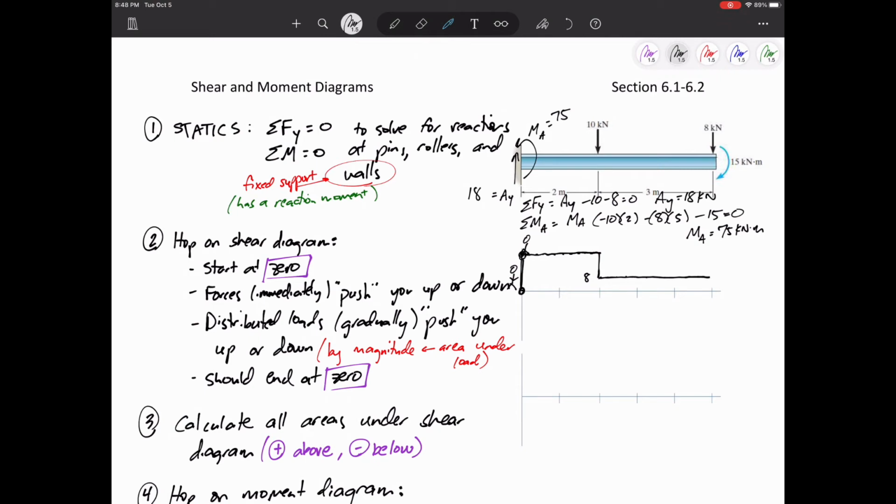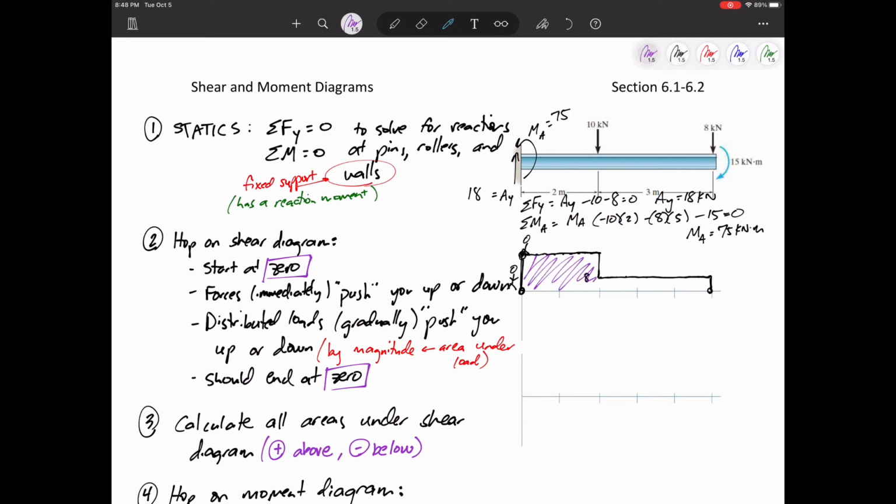You've got to get to 0. If you don't, then you probably did something wrong with the statics of the problem, or maybe with the shear diagram. So now let's go to the moment. But before we do, let me calculate the areas under the curve. Break it up into rectangles or triangles, whatever you need.